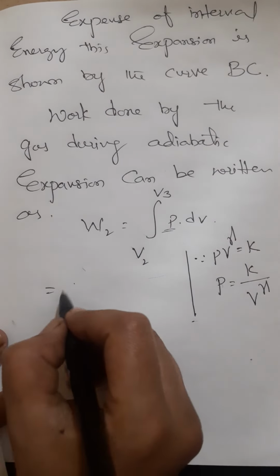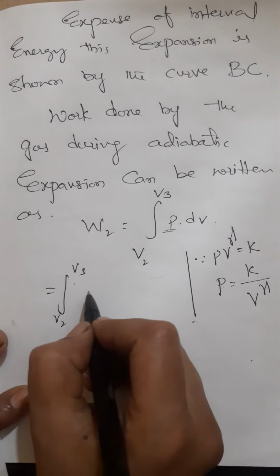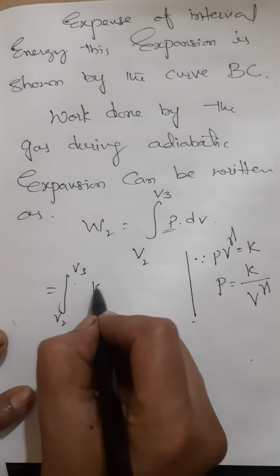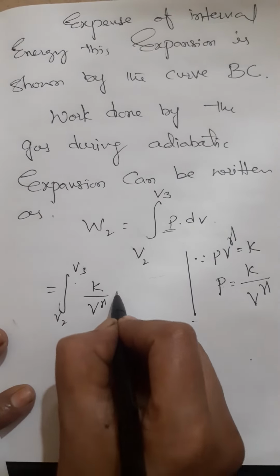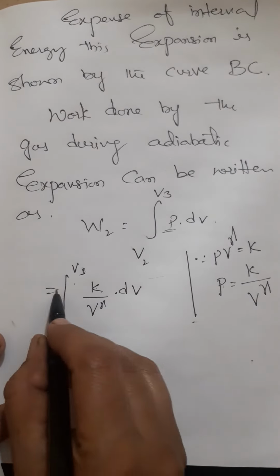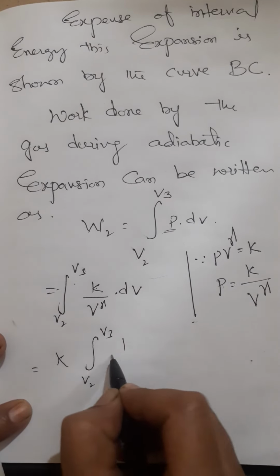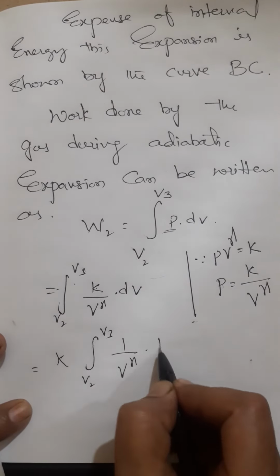Now, from V2 to V3, with P equal to K by V to the power of gamma, times dV. If you take out the K, then the integral from V2 to V3 of 1 by V to the power of gamma dV.